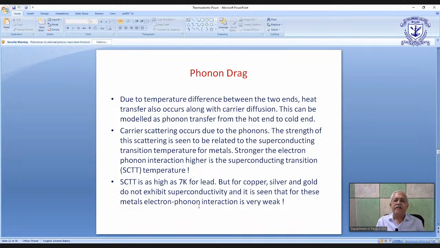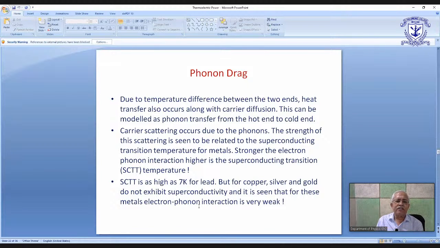And very interestingly, this experiment, which is done at rather room temperature or higher, gives us a parameter to get a measure of the superconducting transition temperature.